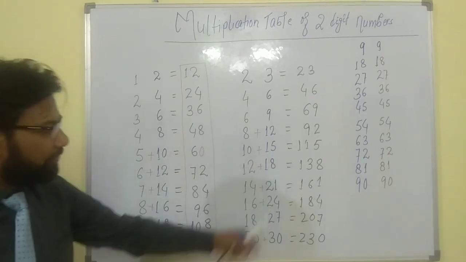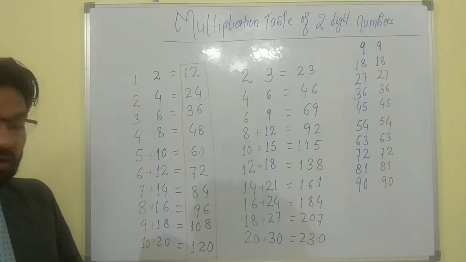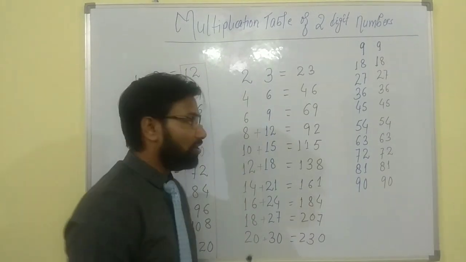Now let's check if we have got the table of 23 correctly or not.